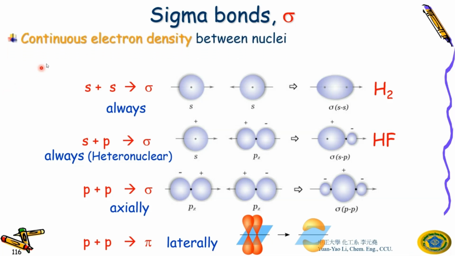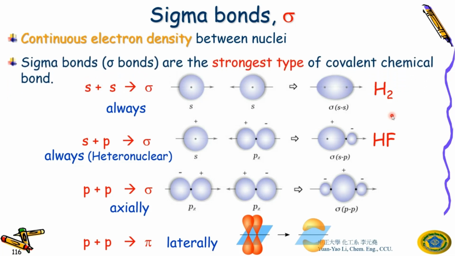So again, the definition of sigma bond is a continuous electron density between nuclei, right? Sigma bonds are the strongest type of covalent chemical bond. Compared to pi bond, sigma bond is stronger. We all know this, right?